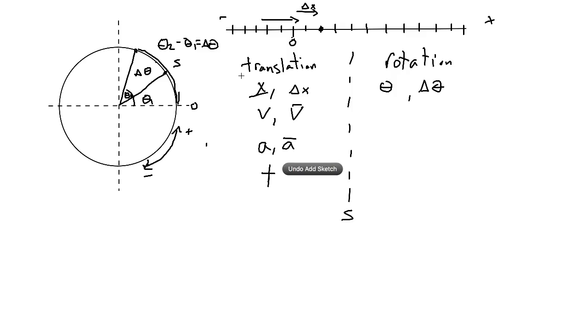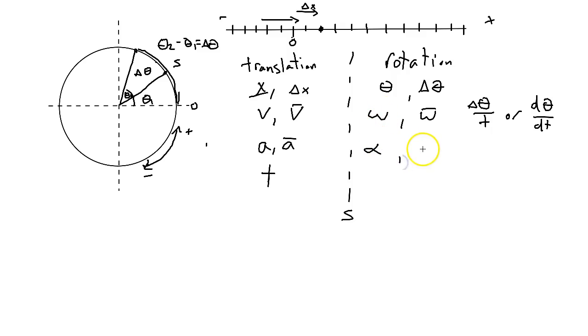In addition, we can have velocity. So we have angular velocity and average angular velocity, which is just the change in angular position over time, or d theta dt for instantaneous. Okay, we have angular acceleration and average angular acceleration, which is change in omega over time, or d omega dt.